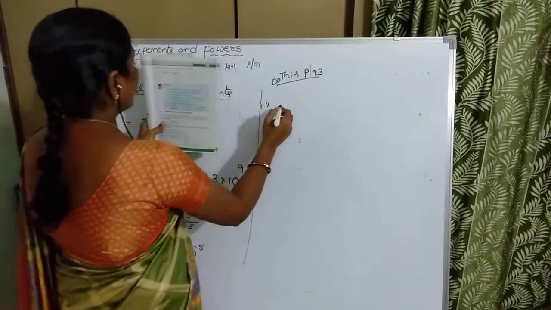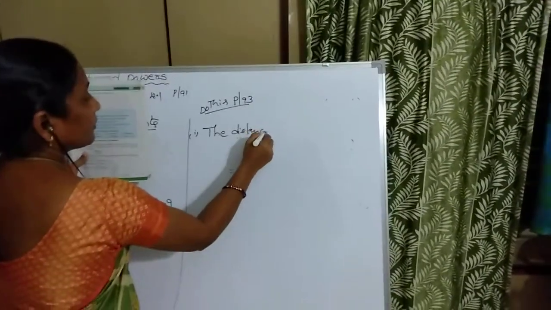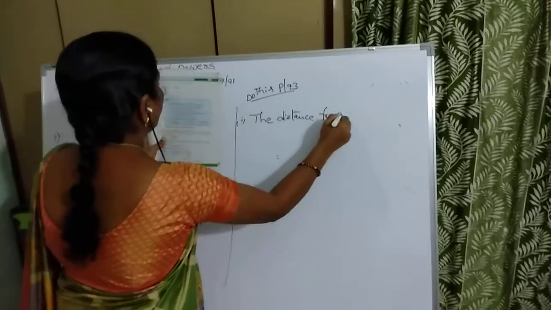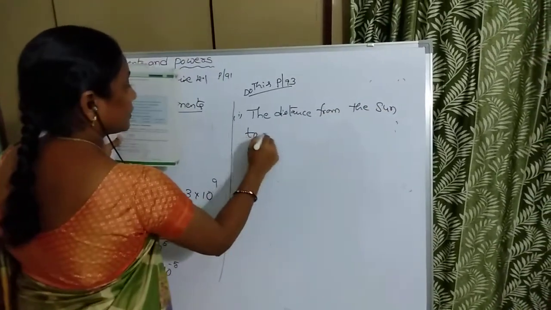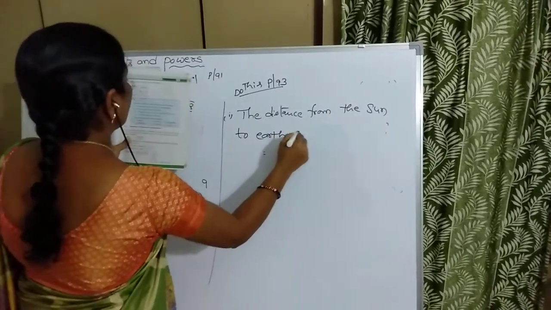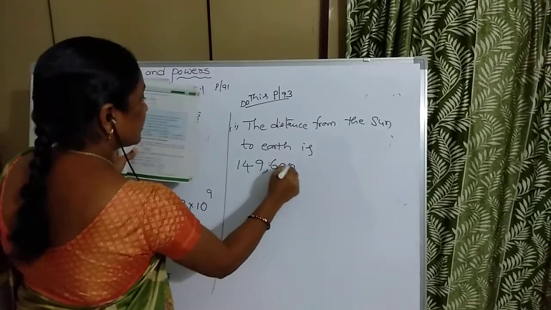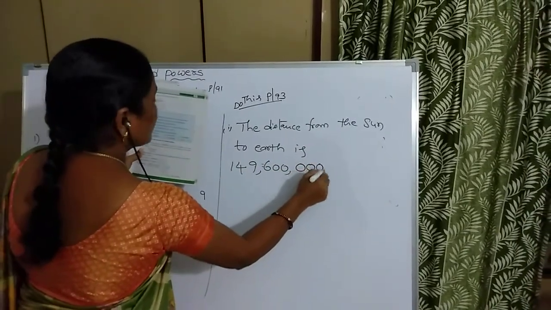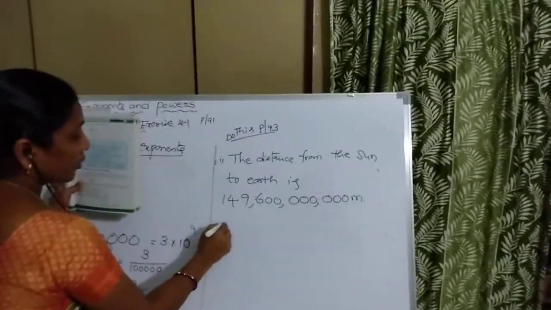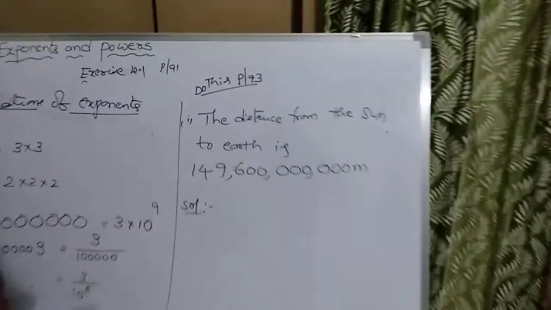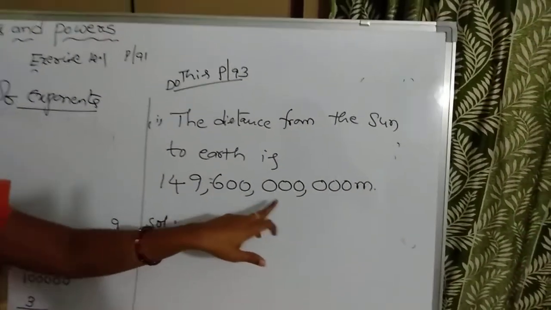The first question: the distance from the sun to earth is 1496000000 meters. This problem is very difficult to read and write, as it is a very large number.